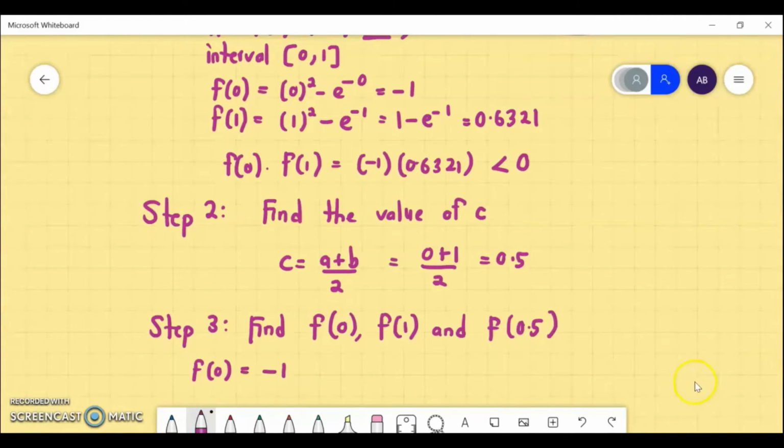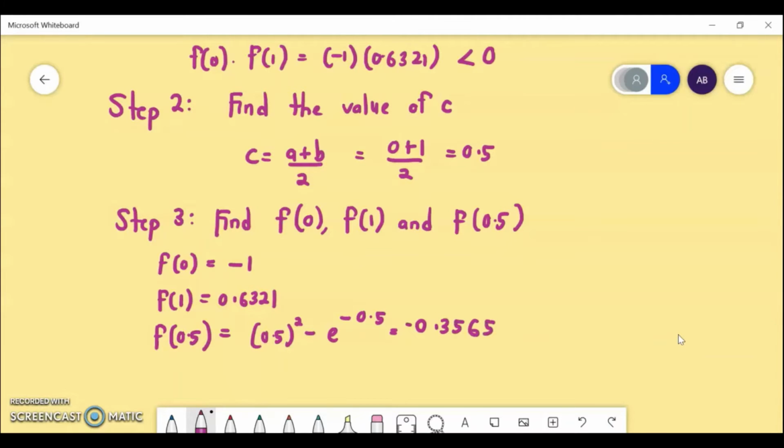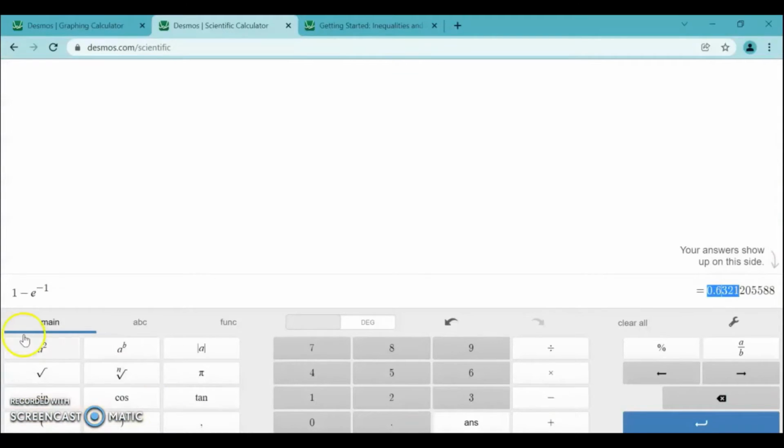What is f(1)? 0.6321. Now what is f of 0.5? So I have 0.5 squared minus e to the power negative 0.5. Okay, so you should get negative 0.3565.